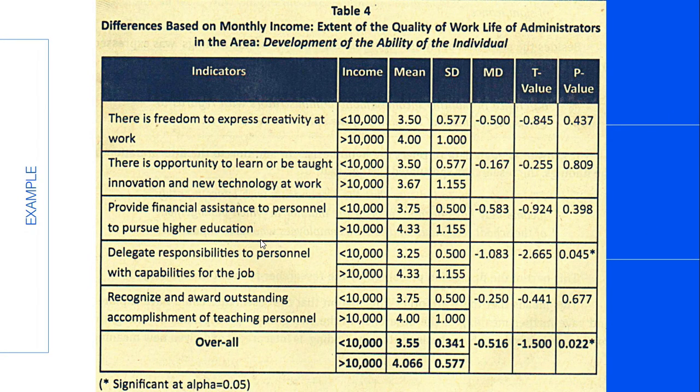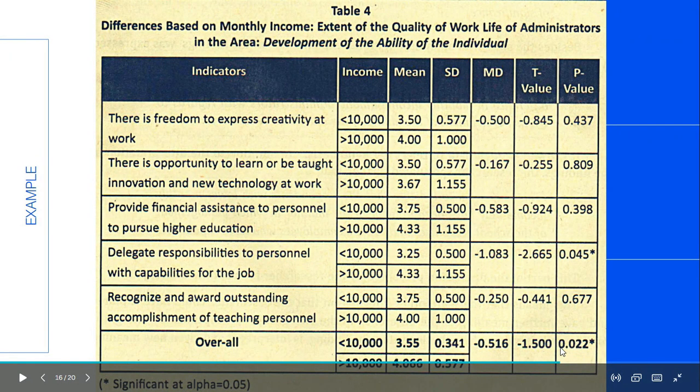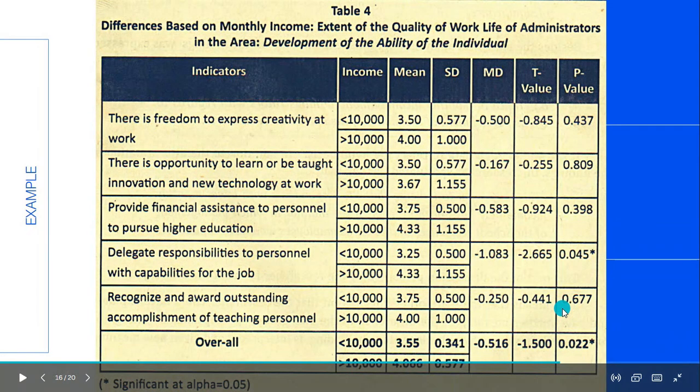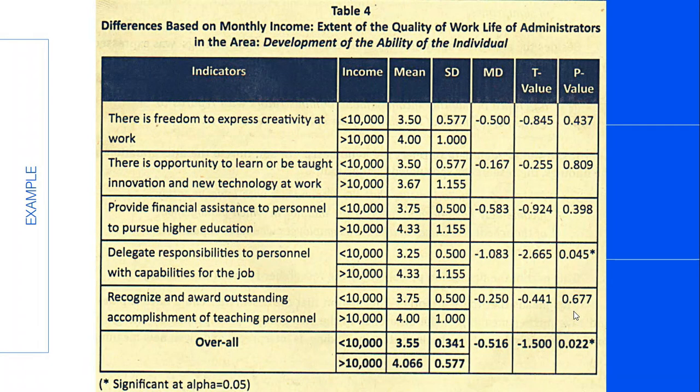On the variable development of the ability of the individual, the overall t-value of -1.5 with the corresponding probability value of 0.022 is significant at alpha 0.05. This means that there is sufficient evidence to prove that the difference in monthly income among administrators with regards to quality of work life, development of the ability of the individual, could vary.